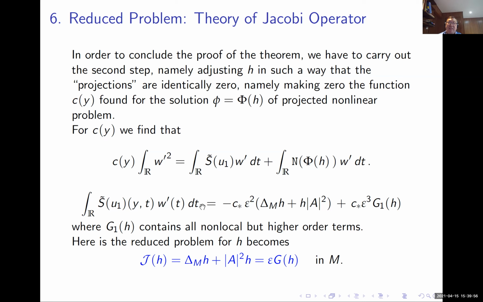And what you're going to see is that the leading order term for C of Y is the Jacobi operator. And so you get the reduced problem is a Jacobi operator. You have to solve the Jacobi operator, but the G of H contains a lot of non-local terms, local and non-local terms. So this is the problem we need to solve. This is the Jacobi operator.